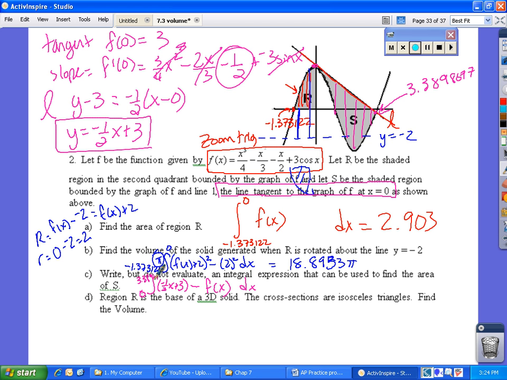All right, last but not least, we want the region R is the base of a 3D solid. The cross sections are isosceles triangles, and we need more information here. I will not give something this vague on the test. This would need to say with bases in the plane. All right, that allows me to make this a little bit easier.